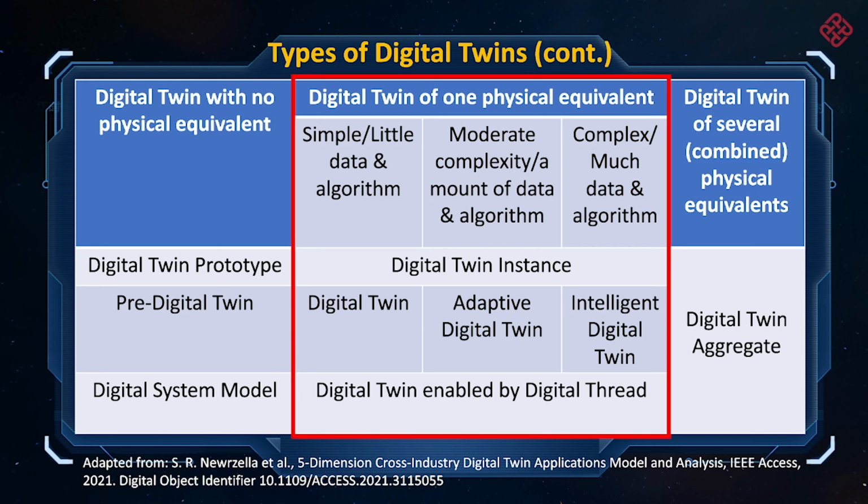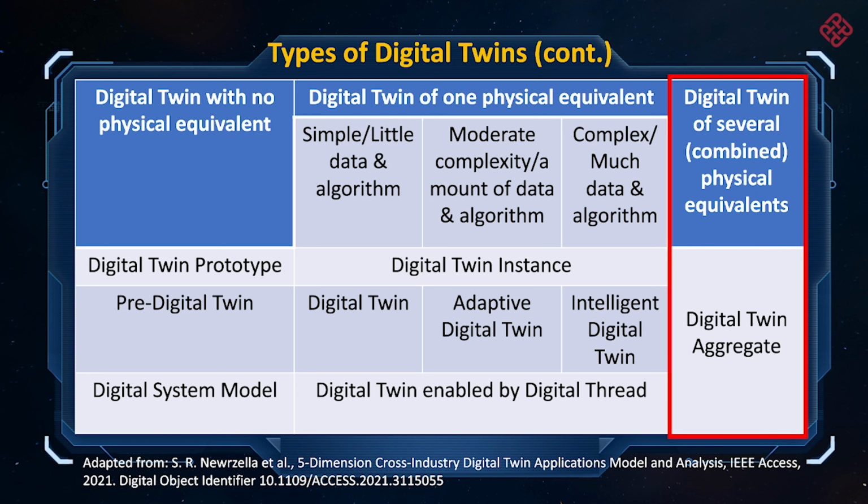If the system has a moderate amount of data and a reasonably sophisticated algorithm, then we call it an adaptive digital twin, as we mentioned earlier. This system is not only live, but it can learn as well. And the same goes for even more sophisticated and complex systems and algorithms. Then we refer to them as intelligent digital twin.